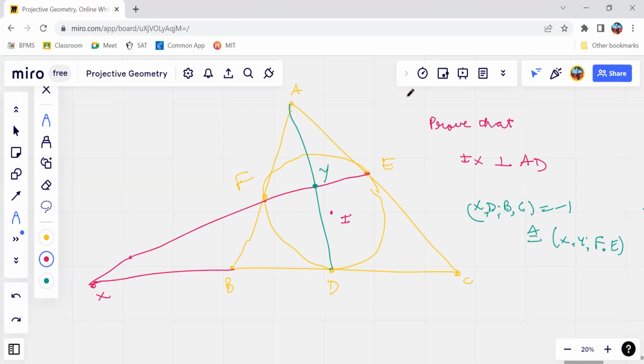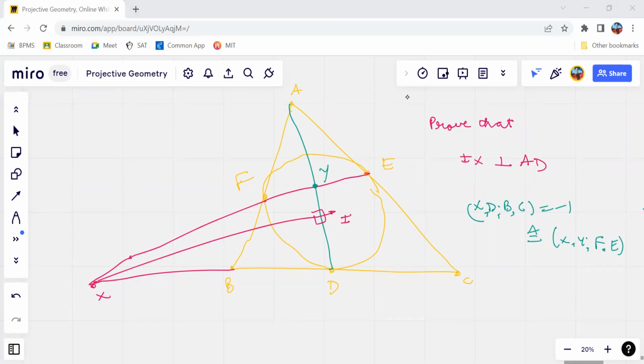So this means that it is just perpendicular to IX. And that's it. Because the polar is perpendicular to the line joining the center of the circle and the pole. Does that make sense?